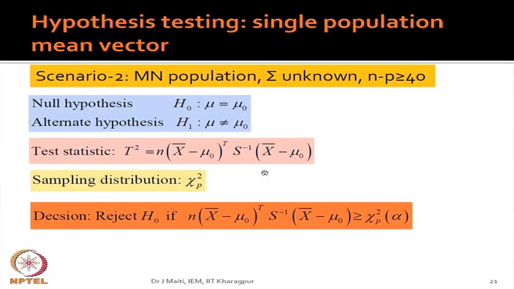It is basically a proposition, you do not know what is the true thing, you are trying to prove it based on data analysis. So, there are two hypotheses, null and alternative hypothesis. In case of population, your scenario 2, your statistic is this, distribution is this, and reject like this.